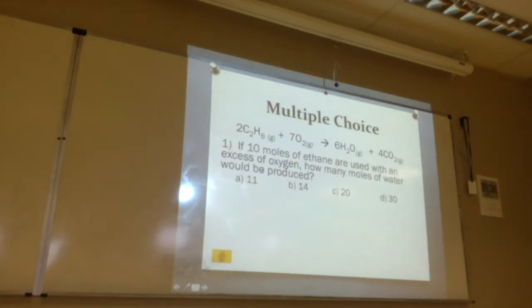Based on this chemical equation, if 10 moles of ethane were used with an excess of oxygen, how many moles of water would be produced? You might have to do a calculation for this multiple choice. We can't just guess.